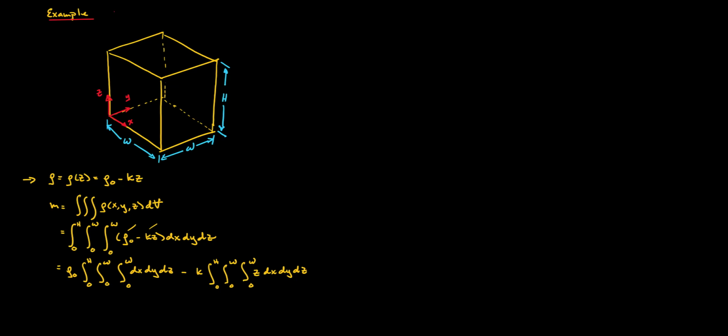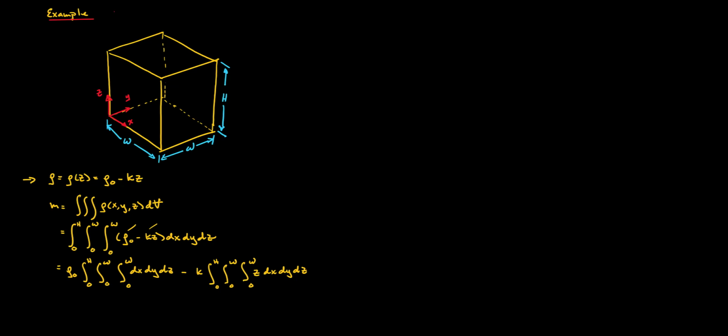All right, so looking at the leftmost term, we have the integral from 0 to w of dx, so that'll just be w. Right, so the integral of dx is just x, evaluated between 0 and w, so we're just left with w. Similarly, the integral of dy, evaluated between 0 and w, will be just w.